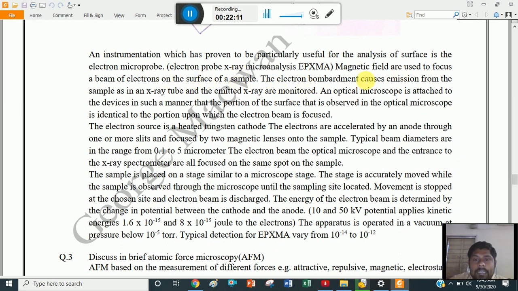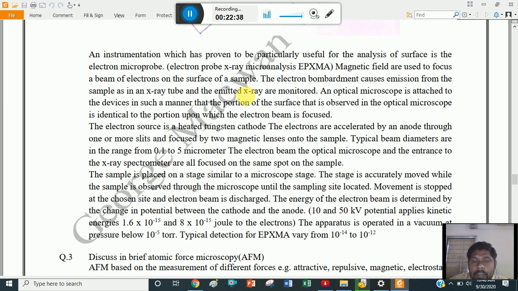The electrons bombarding the sample cause emission of X-rays, as in an X-ray tube, and the emitted X-rays are monitored. That's why the technique is known as EPXMA.